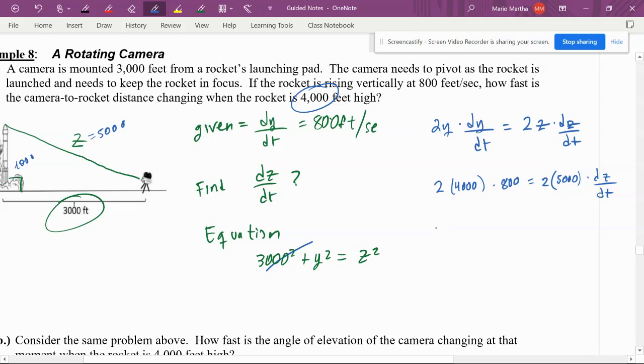So we divide both sides by 10,000. Here we're going to end up with 640 feet per second, and that's going to be our dz/dt.